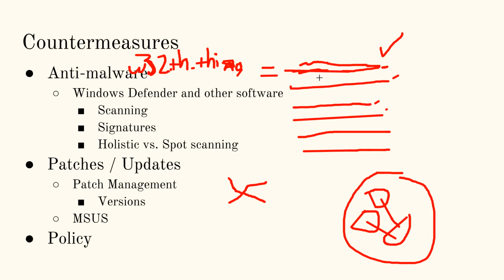Now, it comes down to the person who wrote the signature, but they have professionals, and there's someone actually checking that and making sure it should only hit on that, right? As compared to the holistic, where essentially a piece of software has decided another piece of software is running odd, right? So what's odd, what's not odd, right? So we end up with false positives, false negatives, more so with holistic.